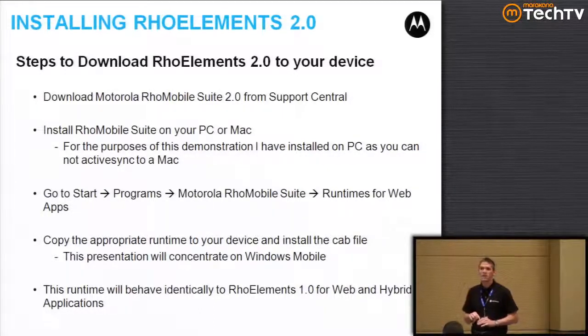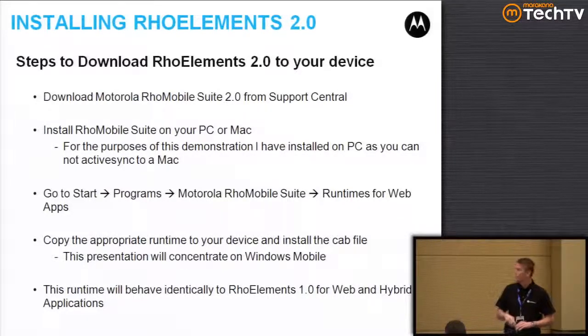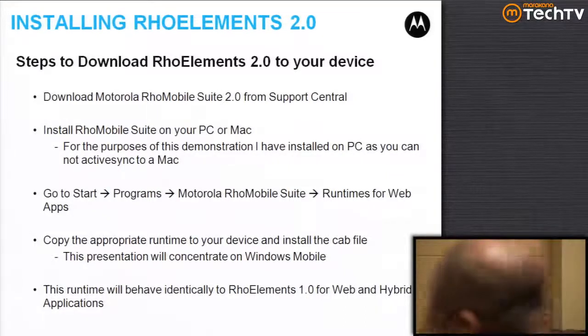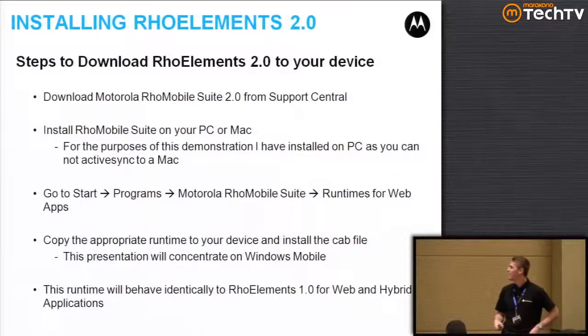If you're only interested in hybrid apps, or if you're not interested in the native side, then you can just go to the Start Programs Motorola RhoMobile Suite runtimes for web apps from the start line. Well, it's also available on Mac, but I'm not sure where on the Mac because they've never given me a Mac to play with.